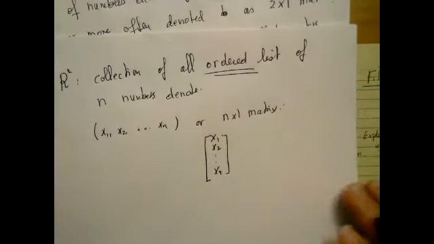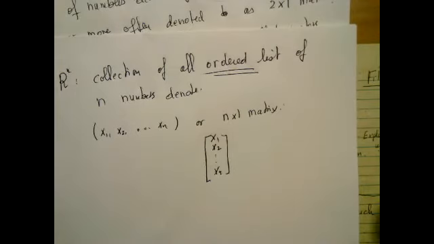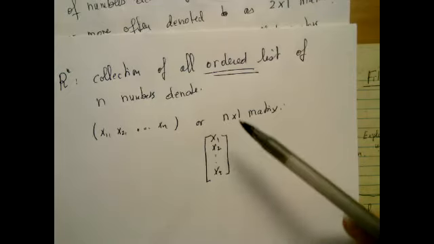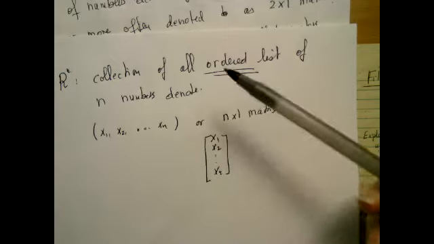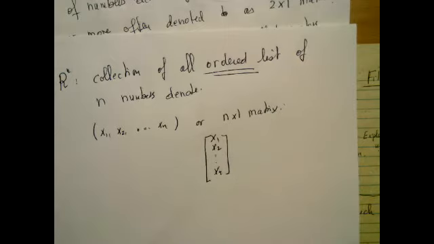So Rn is nothing more than the collection of all ordered lists of numbers that we're going to write this way. Are we going to be able to imagine them? No, we only imagine them for R, R2, and R3. After that, we just accept them. Vectors in Rn means something that has n components.